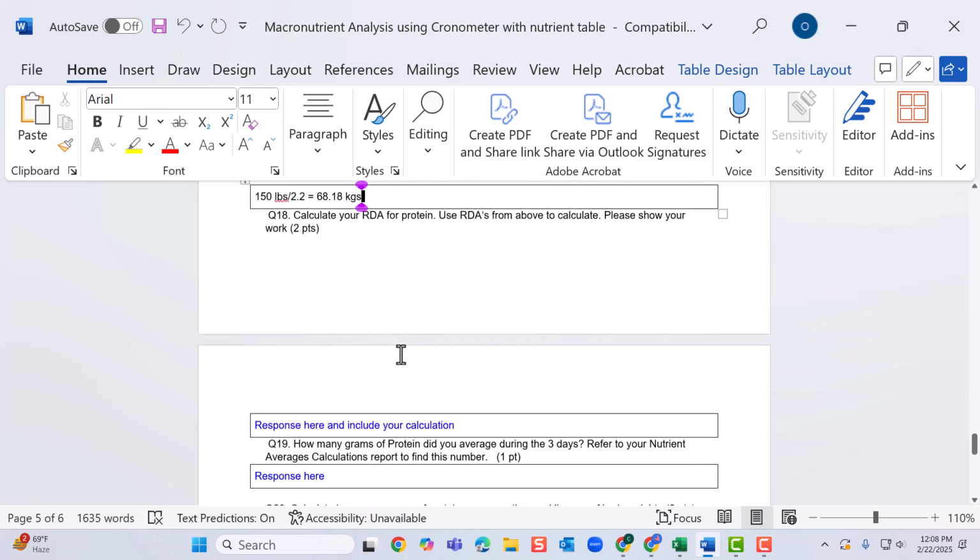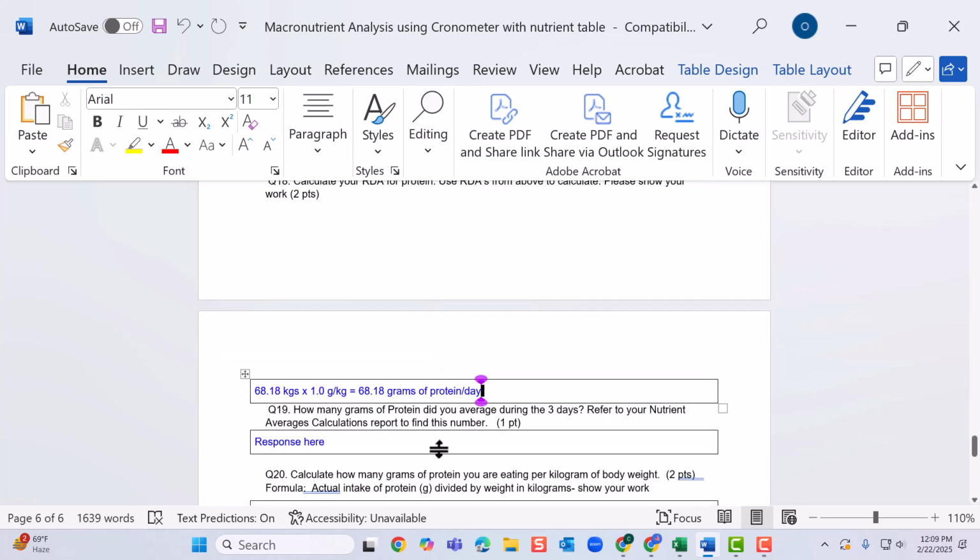I am going to say that I am active. And active individuals use 1.0. So I'm going to take my kilograms, 68.18 kilograms, and multiply it by 1.0 gram per kilo. And that equals, well, 1 times any number is the number itself. So I need 68.18 grams of protein per day. That's what I need.